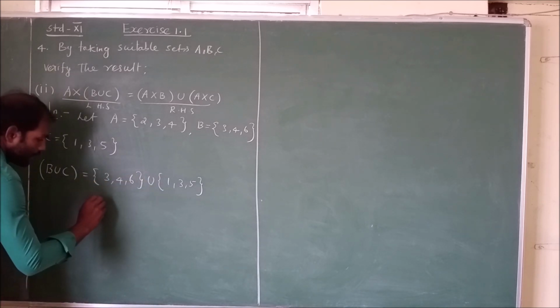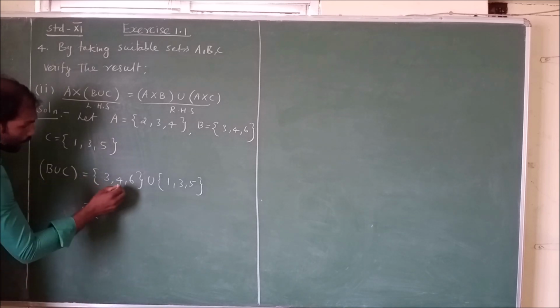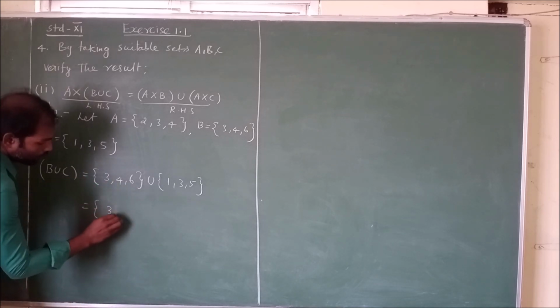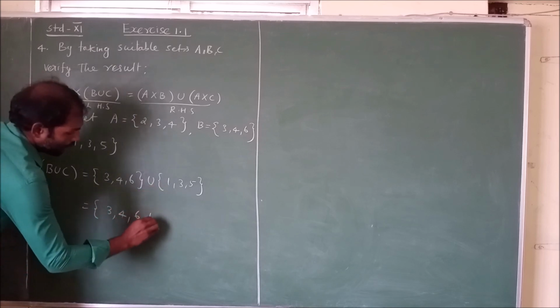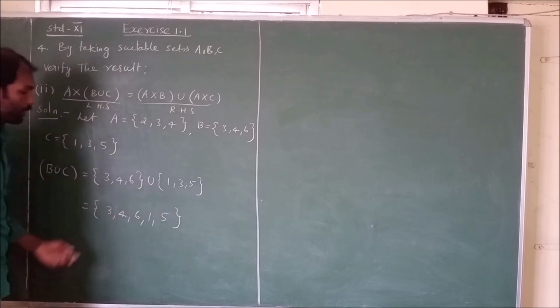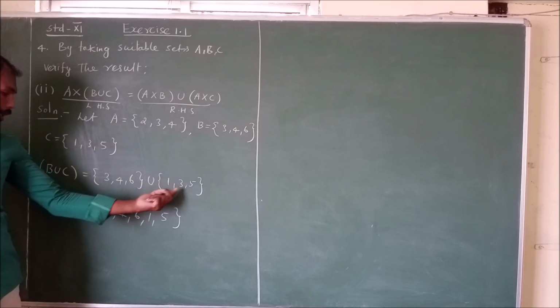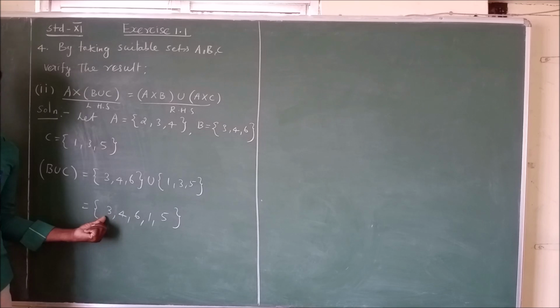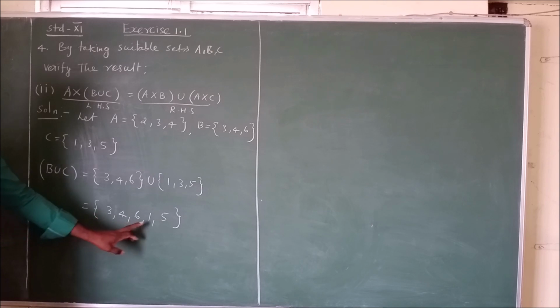By definition, it is the elements that occur in B or C. So the union of elements is 3, 4, 6, 1, 5. 3 is repeated two times, so write down only one; the remaining ones are omitted. So the set B union C is 3, 4, 6, 1, 5.